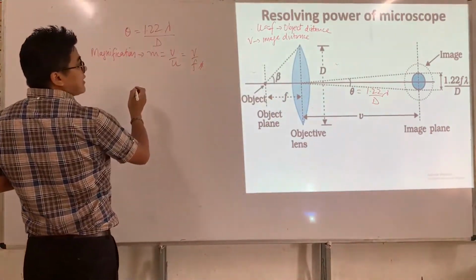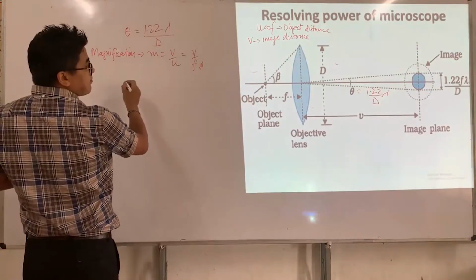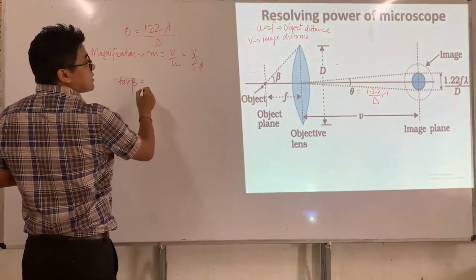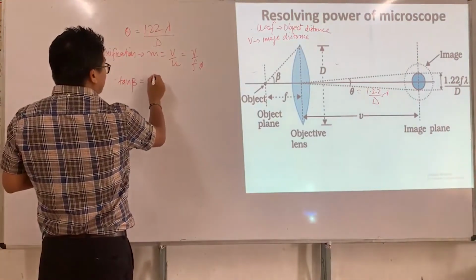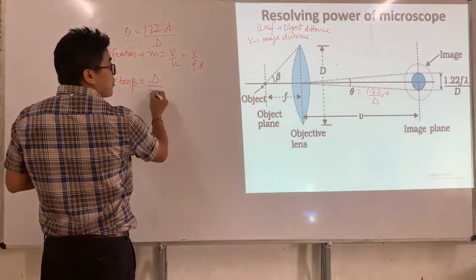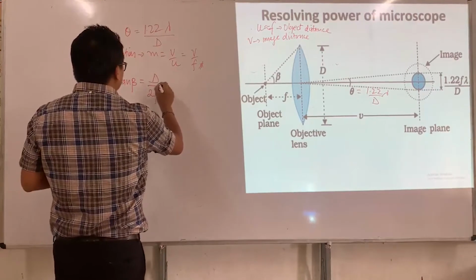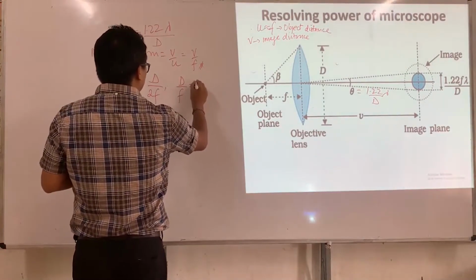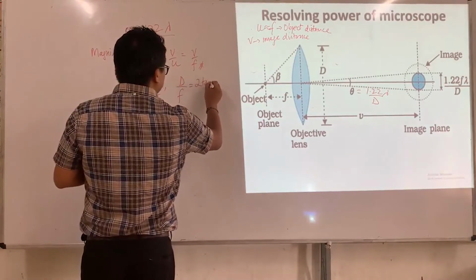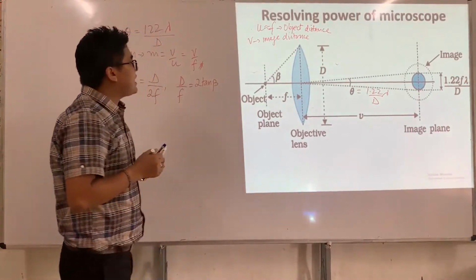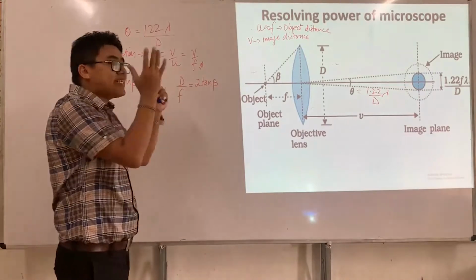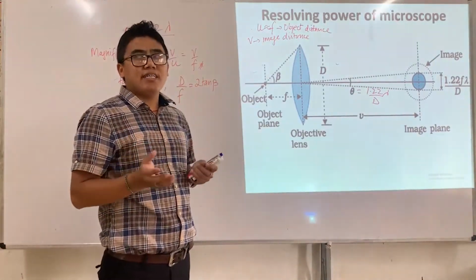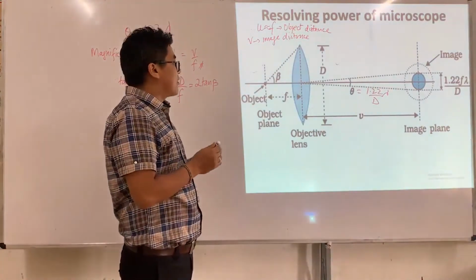So therefore we say that tan beta is equal to D by 2F. So D by F is equal to 2 tan beta. And this gives you an idea about the objective lens, which is very essential for understanding resolving power, right?